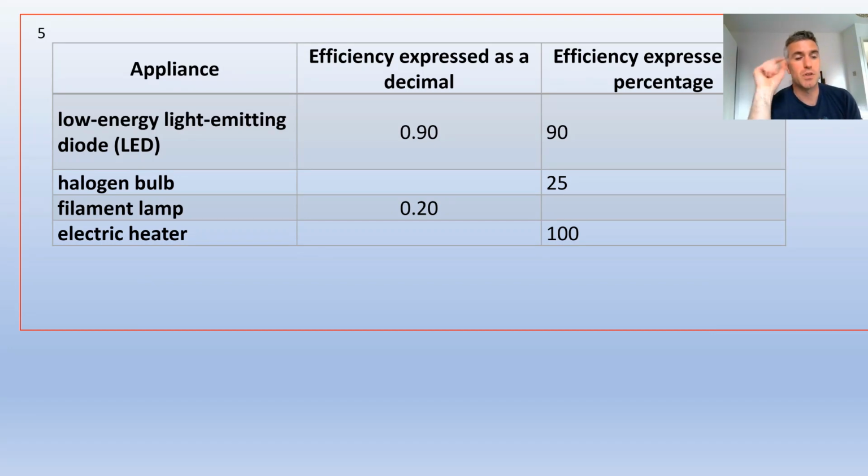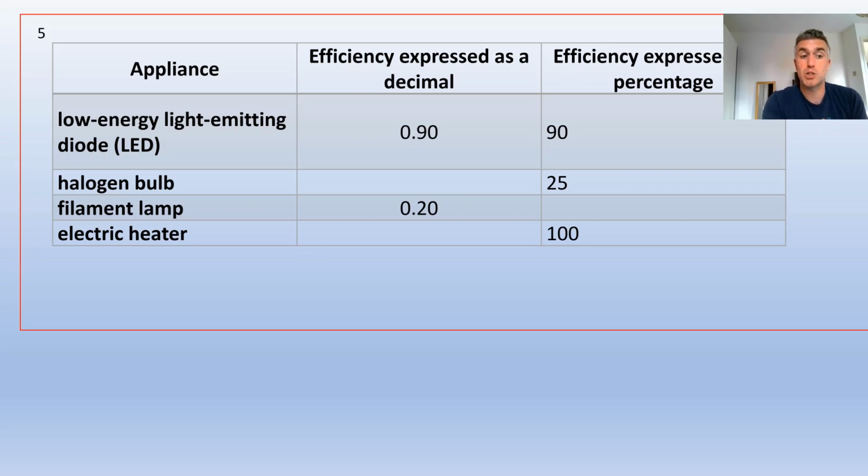Here's an activity for you just to help you become more familiar with efficiency as a percentage and efficiency as a decimal. So if a low energy light bulb, LED, is 0.90 efficient, that's 90%. So 0.9, when you convert it to a percentage, 0.9 times 100 gives you 90. So the same for a filament bulb.